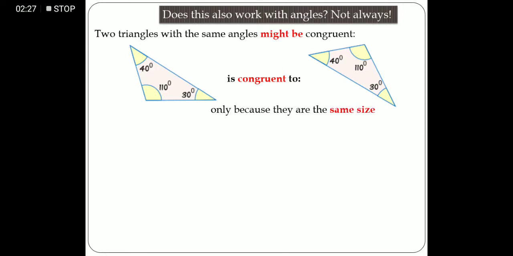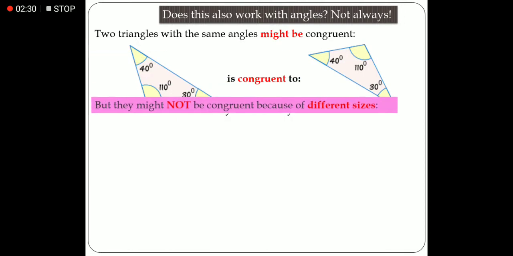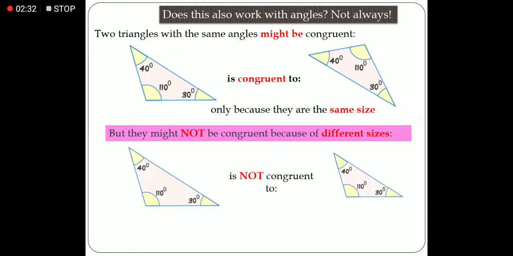Why? Because they have the same measure of sides. Okay? But here in the other example, even if they have 30, 40, and 110 degrees, they are not congruent. The first one is obviously greater than the other.